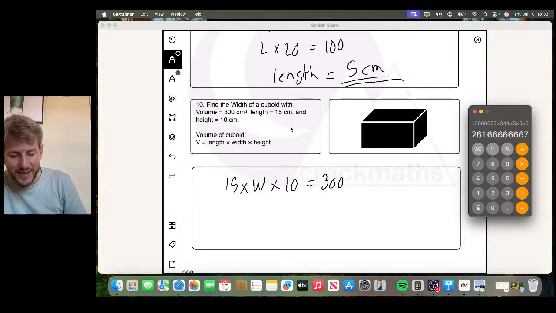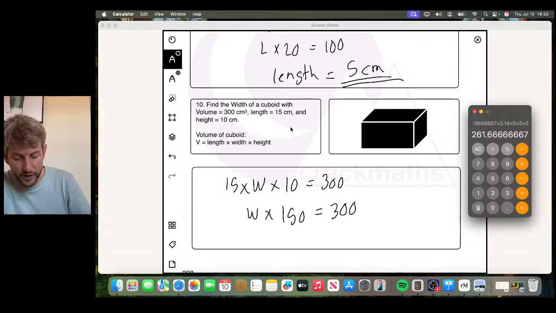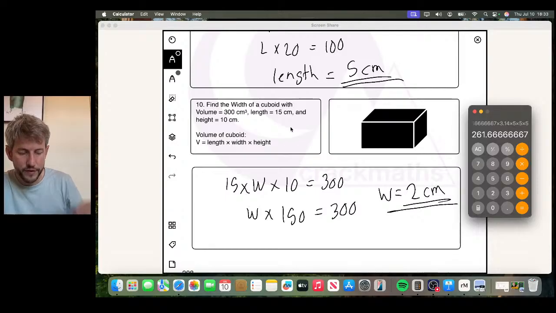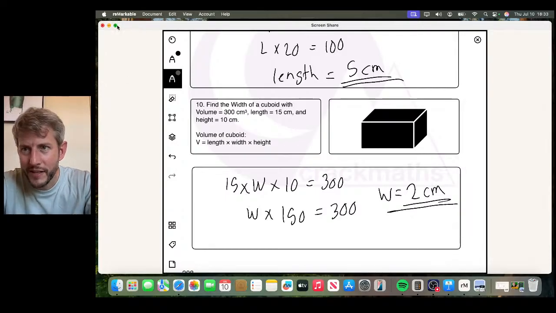Now remember, it doesn't matter what way we multiply these round, so we can think about this as W times 15 times 10, which is W times 150 equals 300. And you might spot this already, that we know that 2 times 150 equals 300. So the width will equal 2 centimeters, okay? Because 2 times 150 gets us 300. Right, okay, let's mark these.